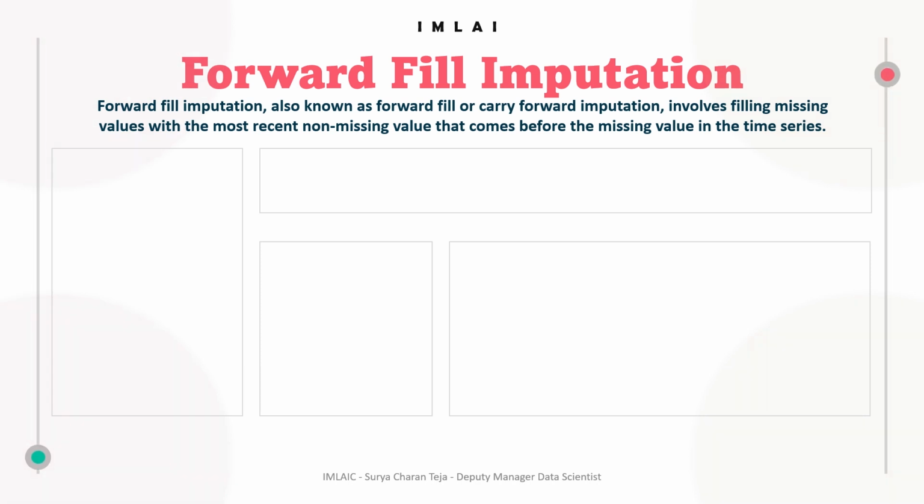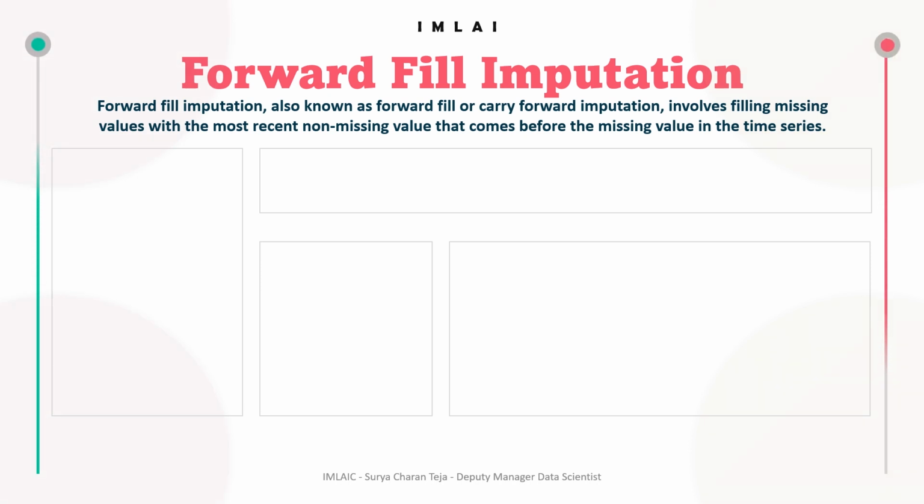This method assumes that the value from the previous time point is a good approximation for the missing value, and the main condition is that the immediate preceding value should not be a missing value. If that is also missing, how can you do that? It should be an actual value. You have to fill the missing value with the immediate non-missing preceding value. That's what is called forward fill imputation.